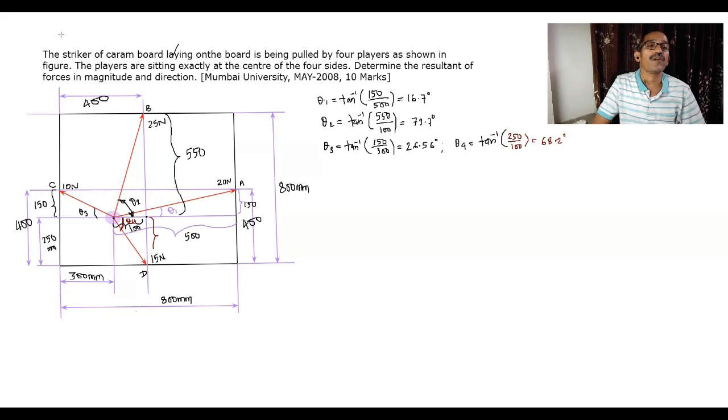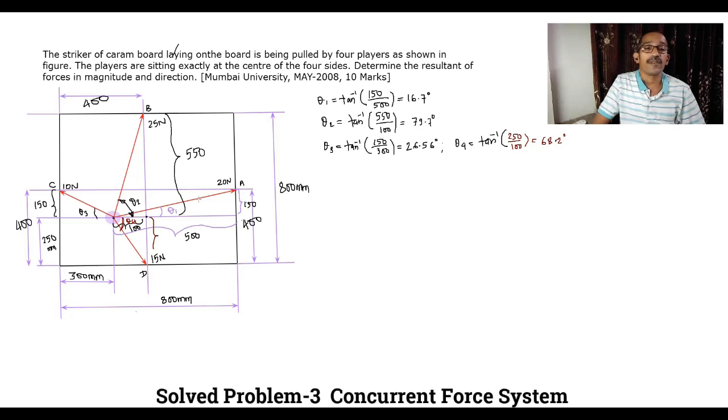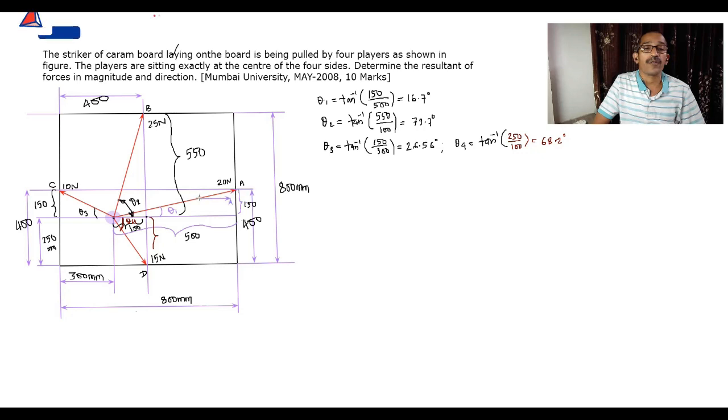The given forces are of pull type, therefore the components are also pull type. That means for this 20 Newton force, the horizontal component will be rightward and the vertical component will be upward.